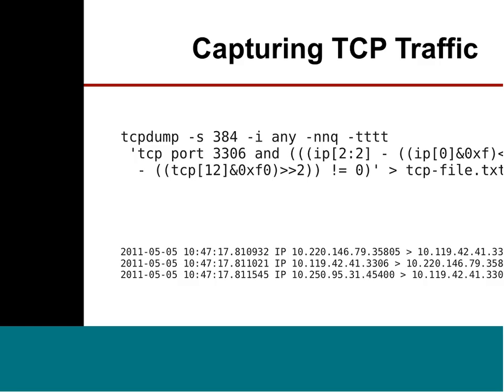And then the letters IP, and then the origin and destination IP address and port number of this packet. So this packet came from 10.220.146.79, port 35805, and it was headed for the MySQL port 3306 on the IP address 10.119.42.41.